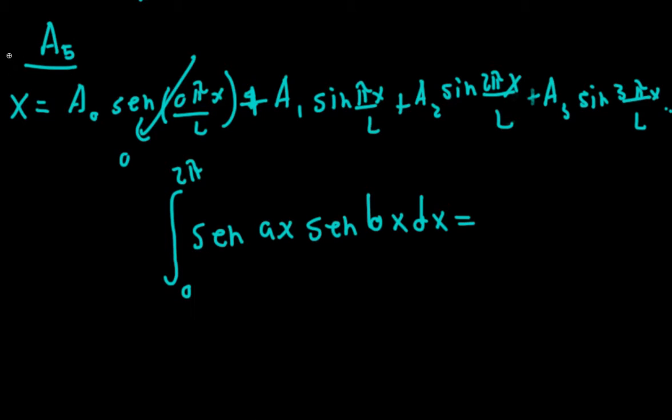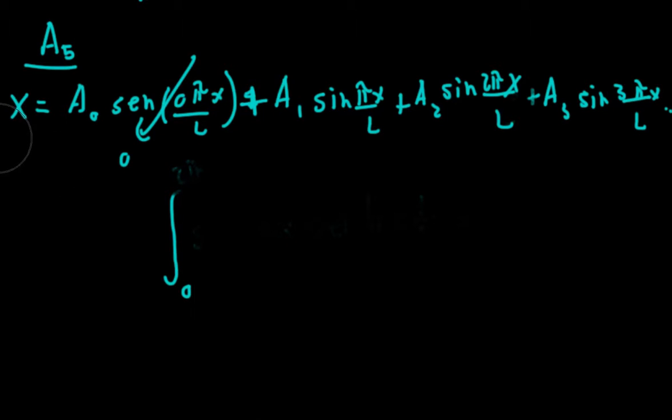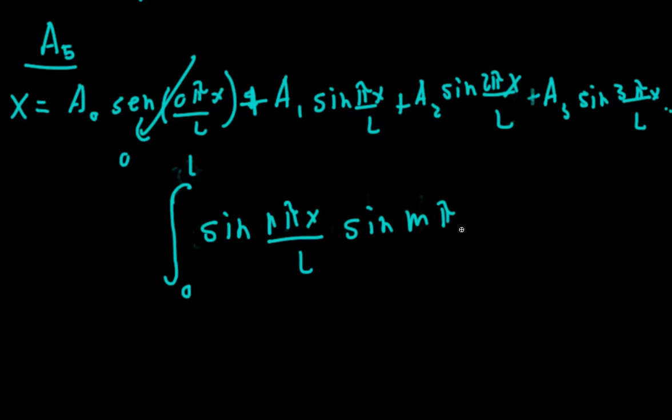You know what? I'm going to write it in a more general way, because I only know the very general way. But I think it's a good thing that you see the general form, from 0 to L, where if I have the sine, and this is probably going to spoil the surprise, but it doesn't matter. If I have two trigonometric functions, it also works with cosine actually, and they have a different frequency, and I write it this way because this way I know what the period of the function is.